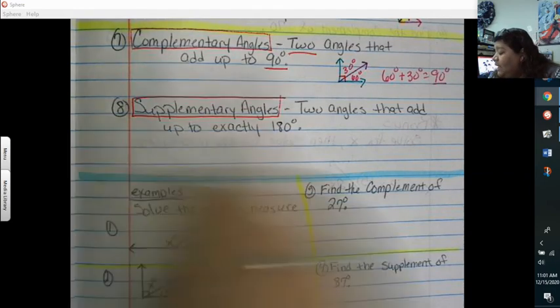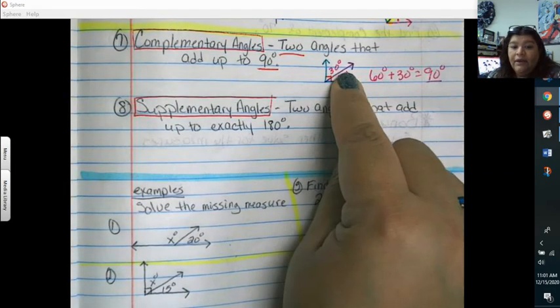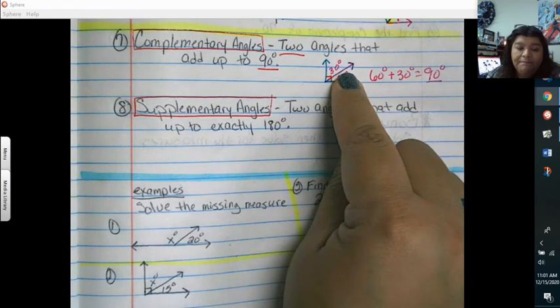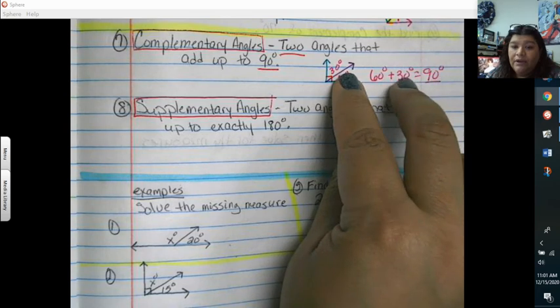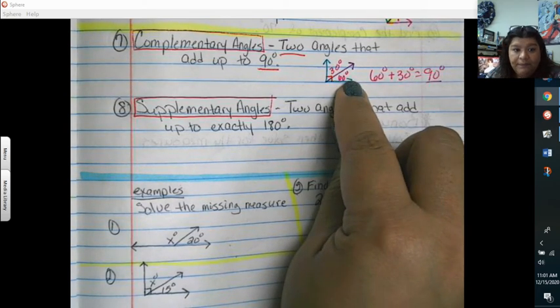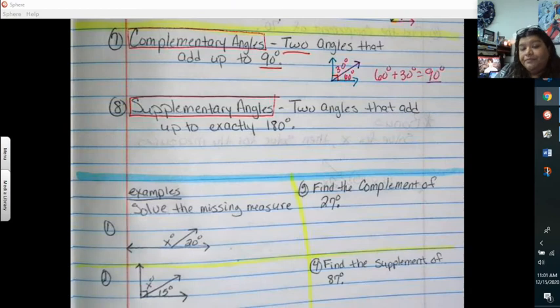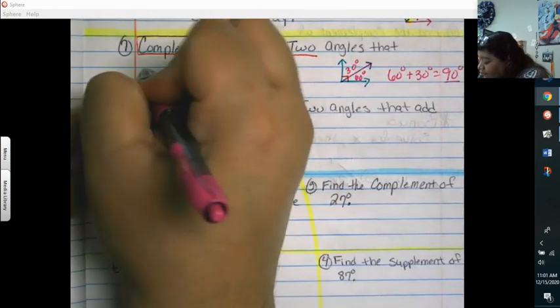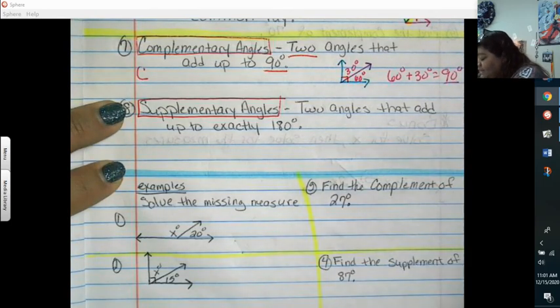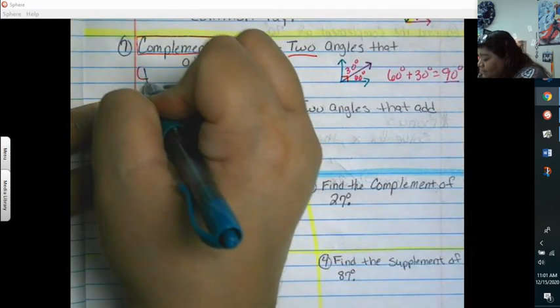So what can happen is I can take away one of the angles and say, these two angles are complementary. One of them is 30, figure out the other one. Once I hear the word complementary, I need to have that vocabulary in my brain that tells me complementary is 90 degrees. So I would have to subtract 30 from 90, and that's how you would get the 60. Now, a way to remember this, complementary starts with a C. I can turn that C into a 90.